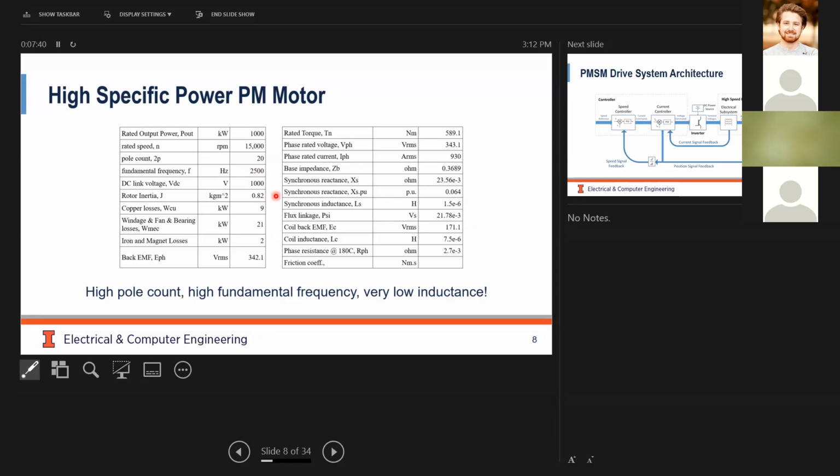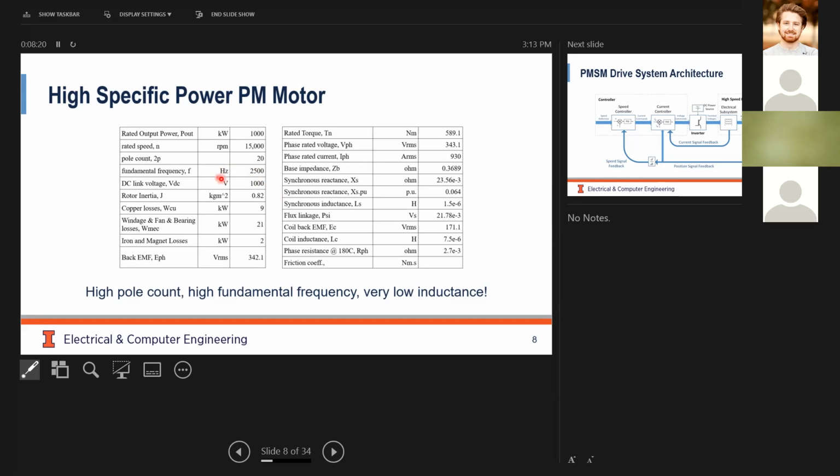Typically we need that ratio to be at least 20 to have a pretty good sinusoidal waveform. But let's say our fundamental is 2.5 kilohertz. If I need a ratio of 20, then I need a switching frequency equal to 50 kilohertz. That's not easy for a 1 megawatt drive. For a low power drive, it's easy, but for a 1 megawatt drive, that's not easy.